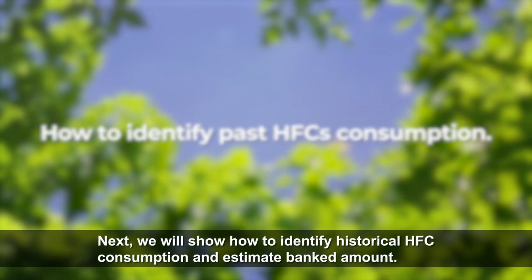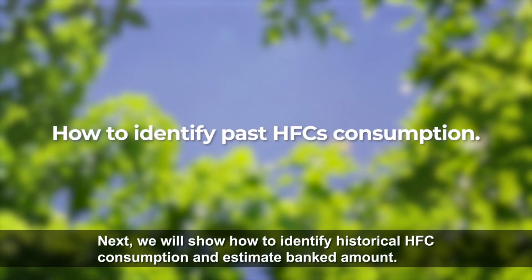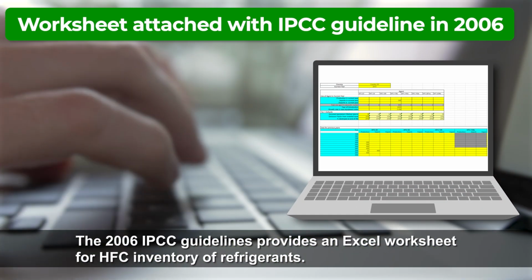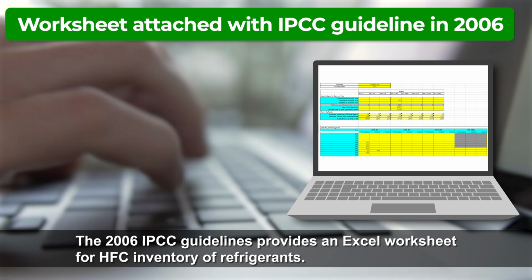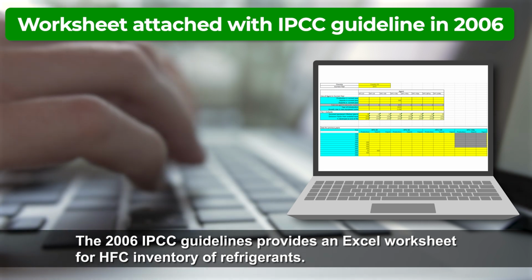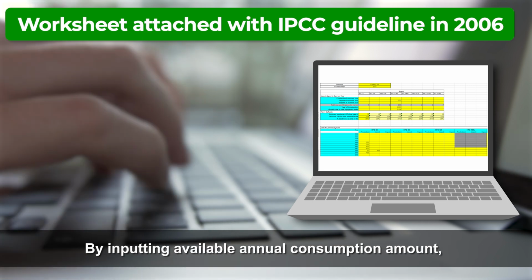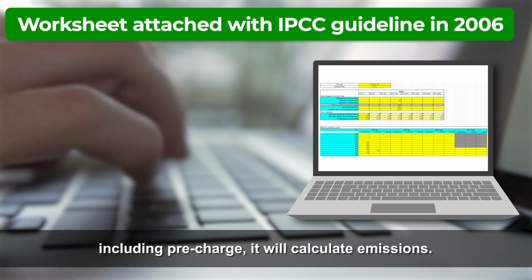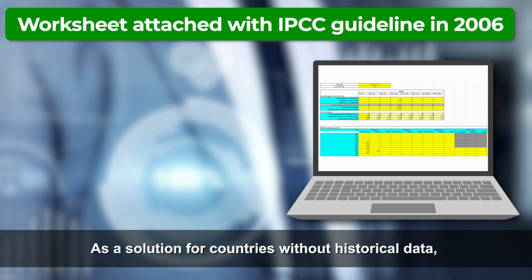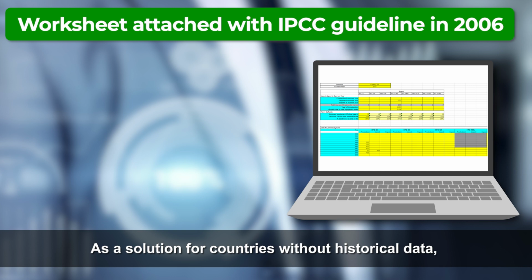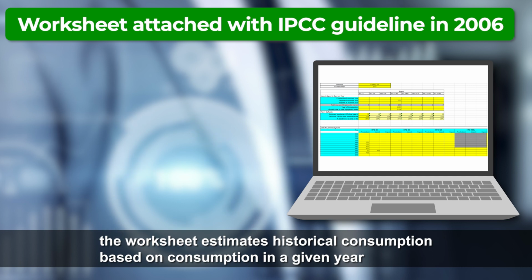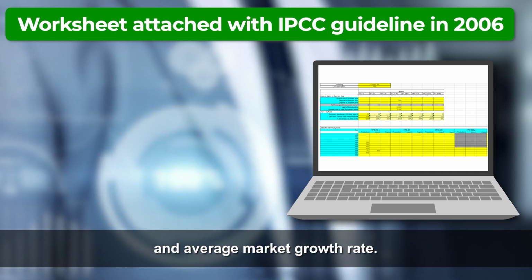Next, we will show how to identify historical HFC consumption and estimate banked amount. The 2006 IPCC guidelines provide an Excel worksheet for HFC inventory of refrigerants. By inputting available annual consumption amount, including pre-charge, it will calculate emissions. As a solution for countries without historical data, the worksheet estimates historical consumption based on consumption in a given year and average market growth rate.